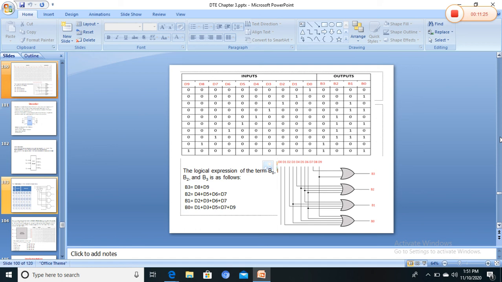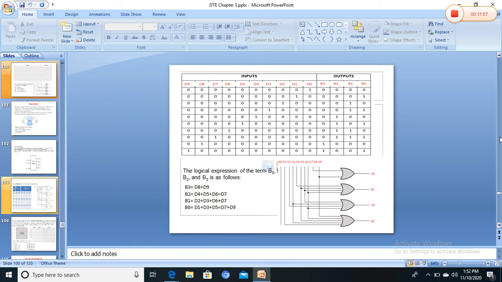Next is the B0 equation. Where the output is 1, that input line is considered: D1, D3, D5, D7 and D9. So the equation for B0 is D1 + D3 + D5 + D7 + D9.